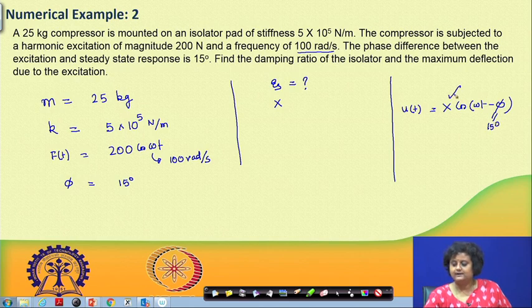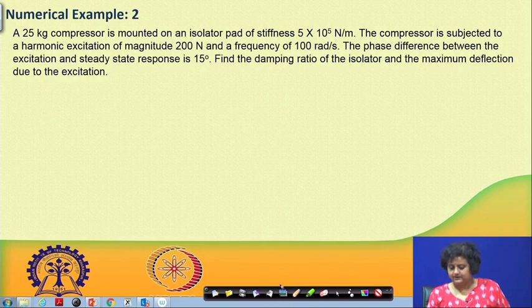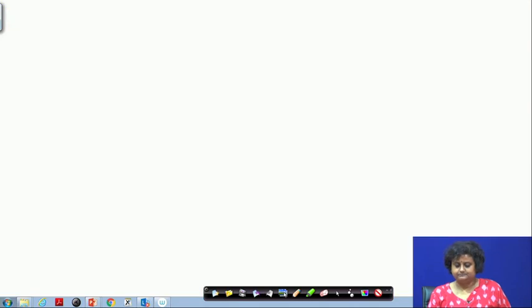We need to find out this x as well as zeta, which is also needed to find out x. So, let us solve the problem. The first thing that we need to do is to find out the natural frequency of the system.